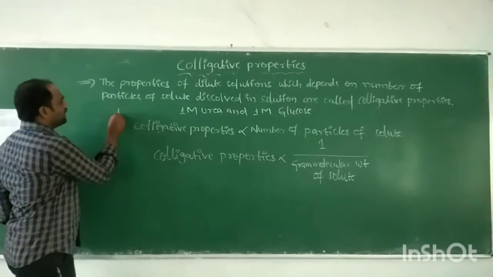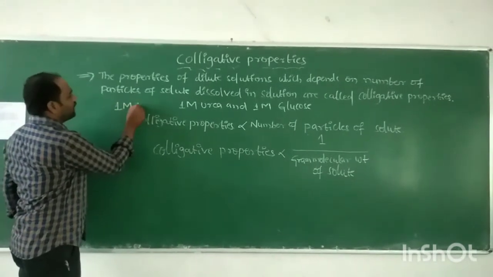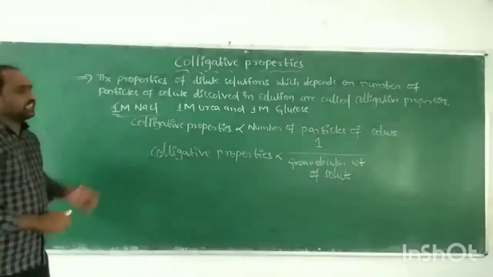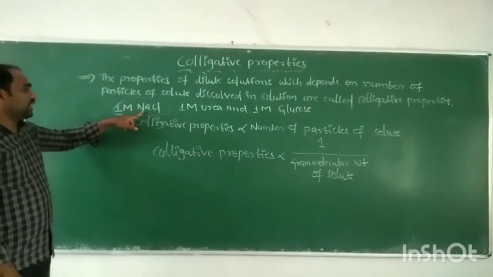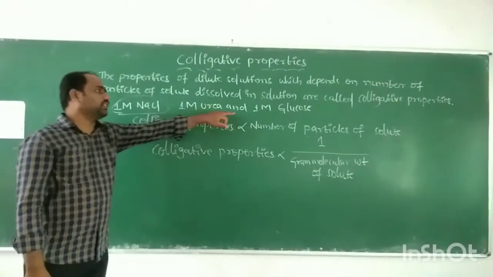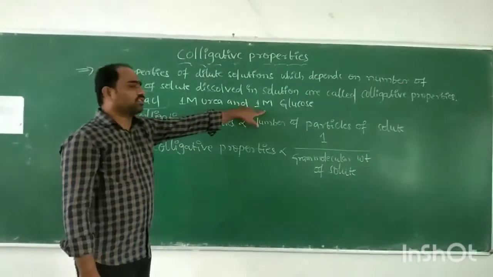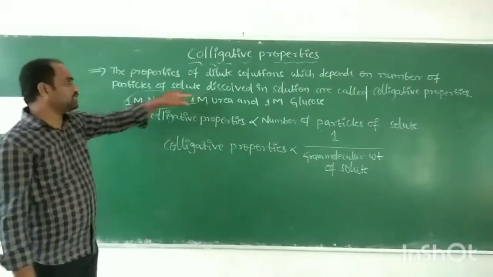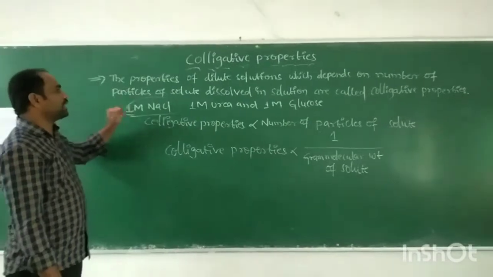Whereas, let's take a 1 molar solution of NaCl, having 2 particles in that solution. That's why the boiling point of this NaCl solution is different from the molar solution of urea and the molar solution of glucose. From this we conclude that the properties of dilute solutions mainly depend upon the number of particles of the solute.